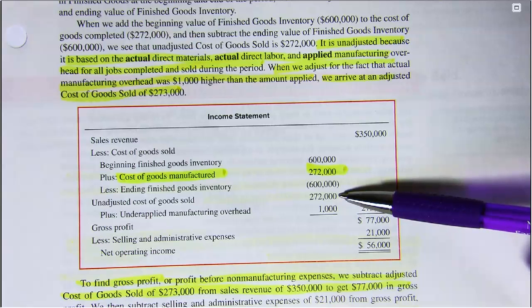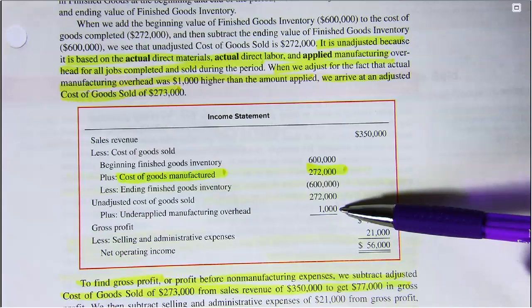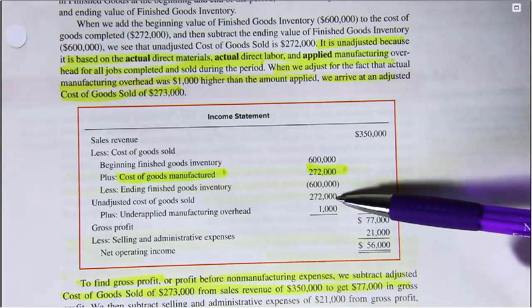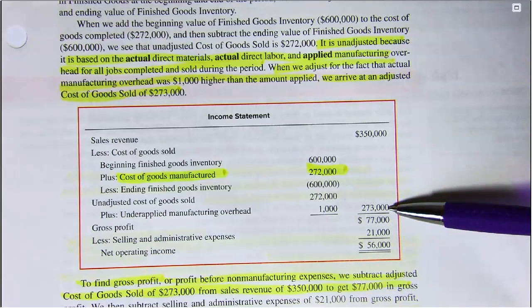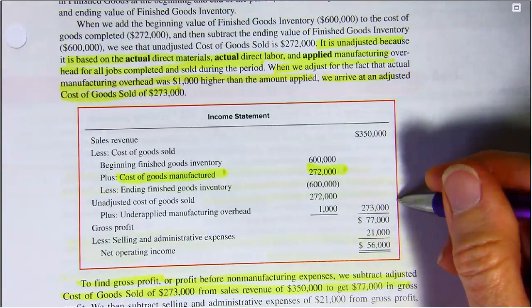So in this case, we had under applied manufacturing overhead. In other words, the actual costs were less than the applied manufacturing overhead costs. So we are increasing the cost of goods sold for that difference. So $272,000 plus $1,000 equals $273,000 as our cost of goods sold.